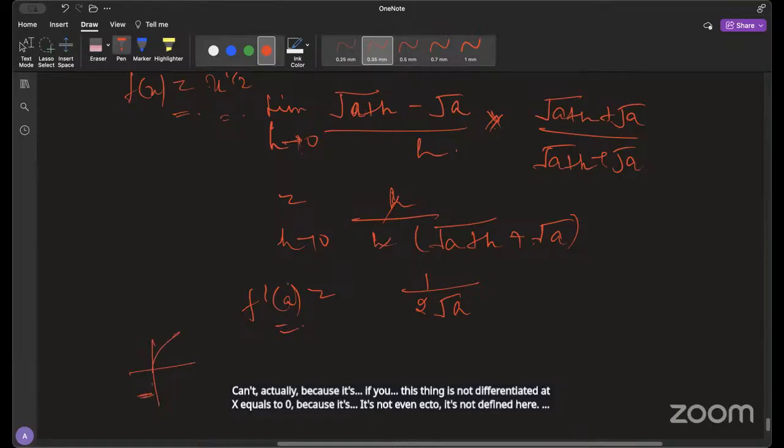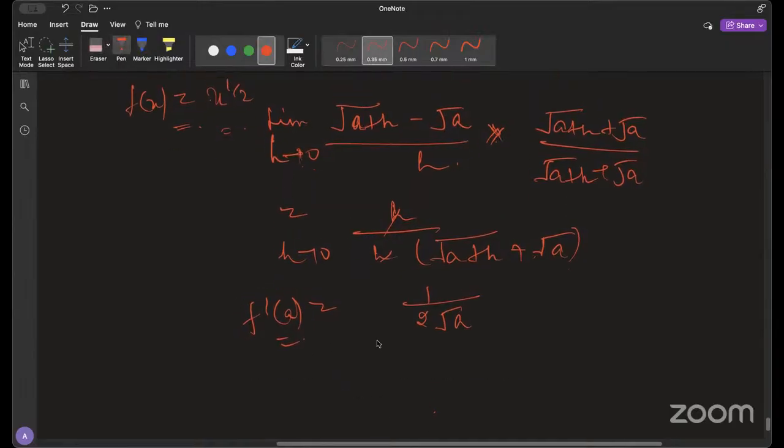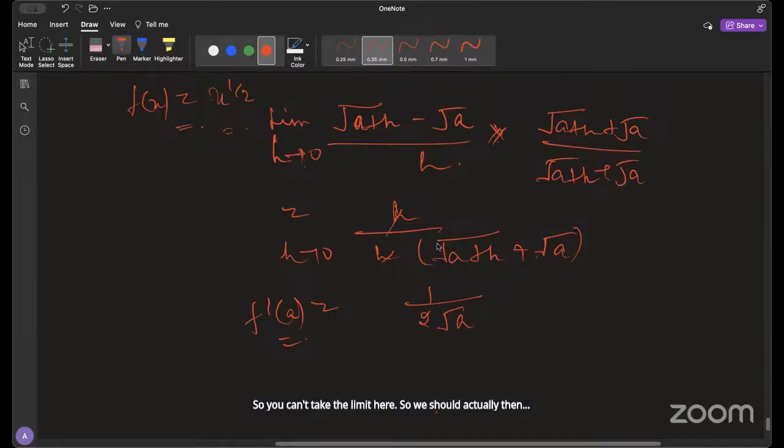On the negative part, it's not defined, so you can't take the limit here. We can take only one limit then, right? Limit h tending to 0 plus.